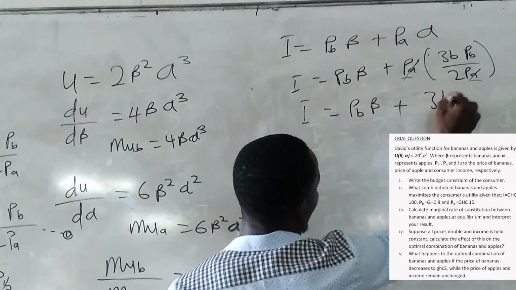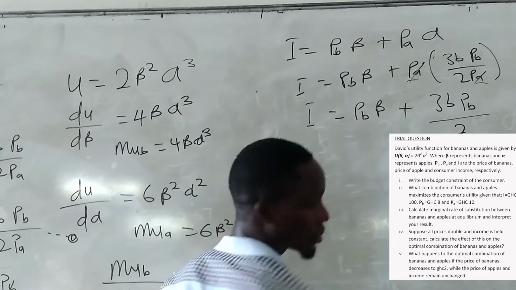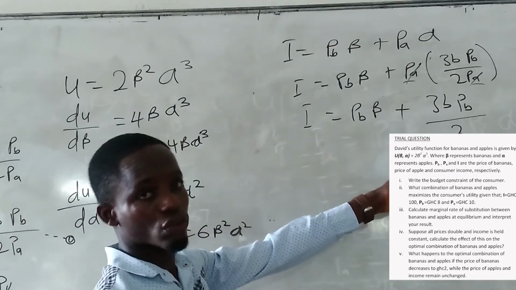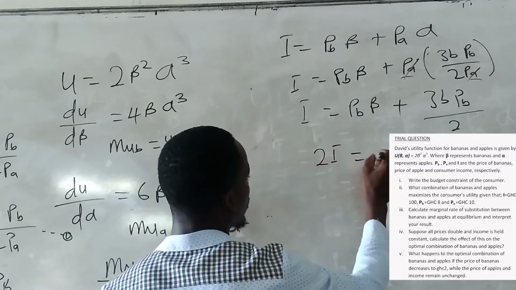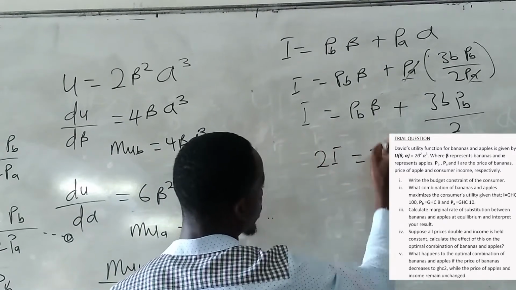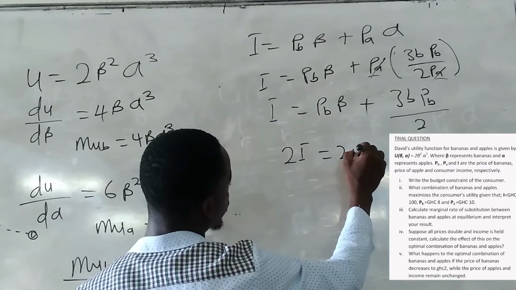So I know that my income is equal to price of beta times beta plus price of alpha times alpha. This is my equation 1, this is my equation 2. I can substitute any of them. So I can substitute 1 first.